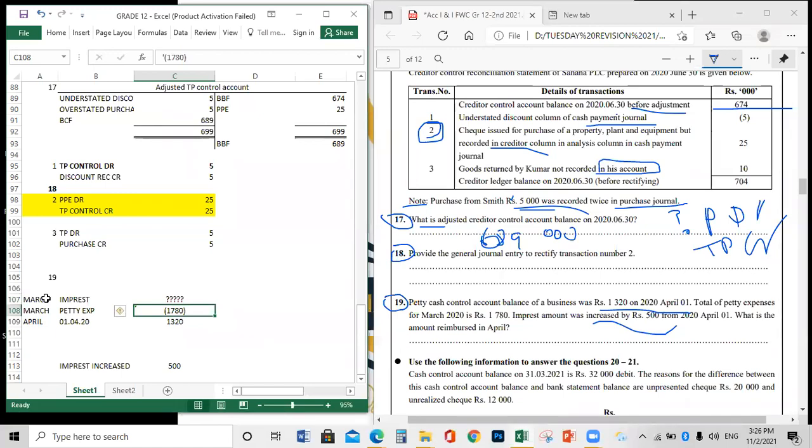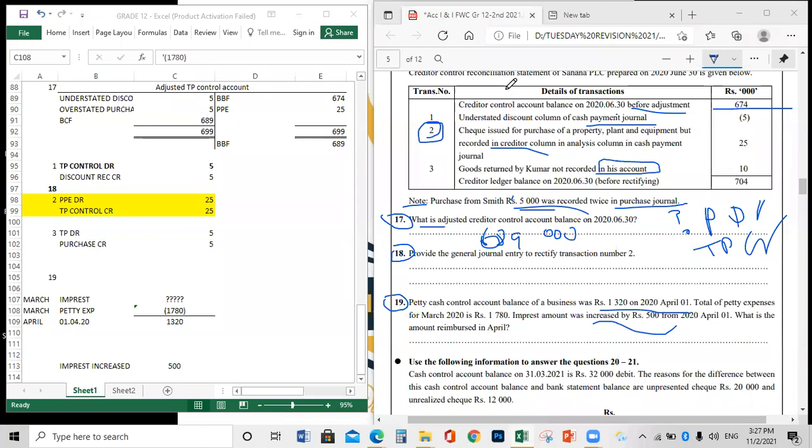Because, guys, every month on the starting date, the petty cashier should have the imprest amount in his hand before he starts spending. Then only he will start spending. So my question for you all is, how much is the imprest amount in the month of March before the increase?